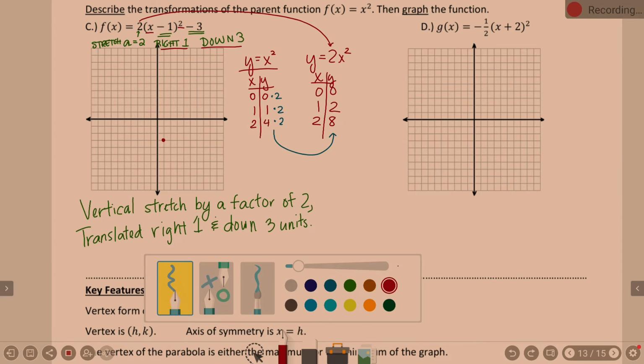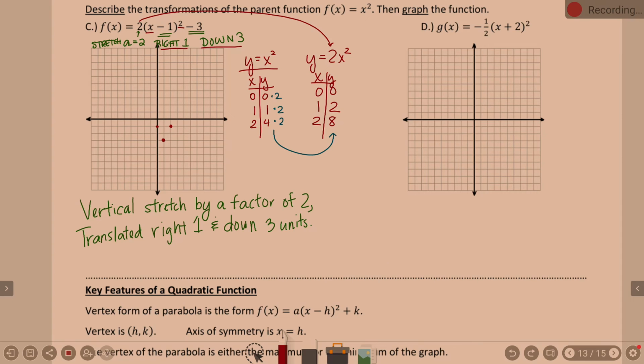Also means we can go left 1 up 2. Instead of over 2 up 4, we're going to go over 2 up 8. And left 2 up 8. Does this graph look stretched? Yep.